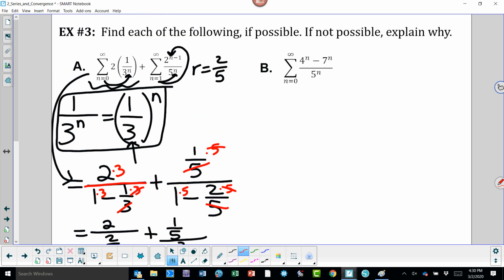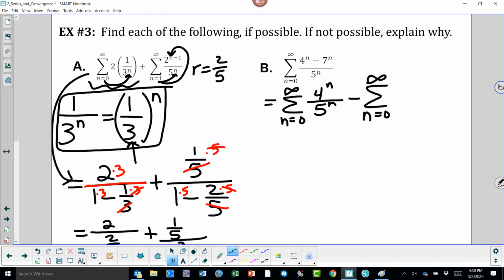Okay, now B, we have to figure out if this is going to converge or not, and then if it does, the sum. The first thing I'm going to have to do is rewrite it a bit because I need this to be terms that look geometric. So I have the sum of 4 to the n over 5 to the n minus the sum of 7 to the n over 5 to the n.